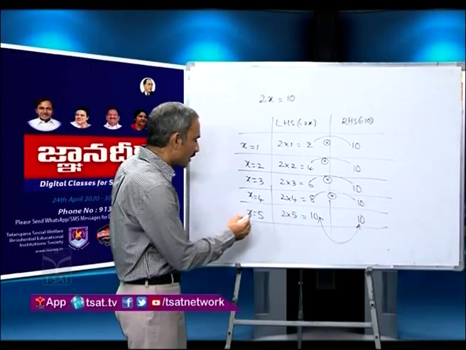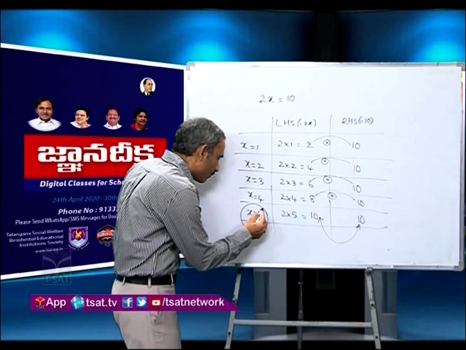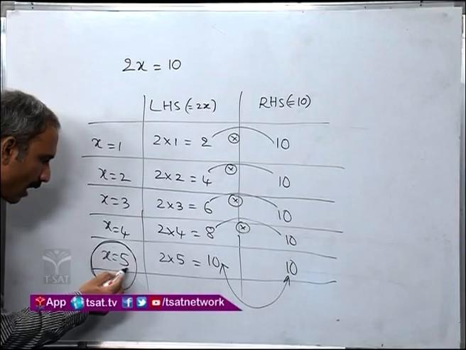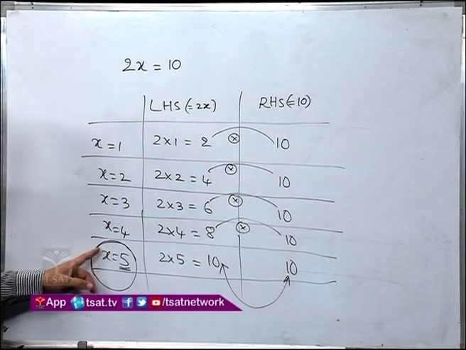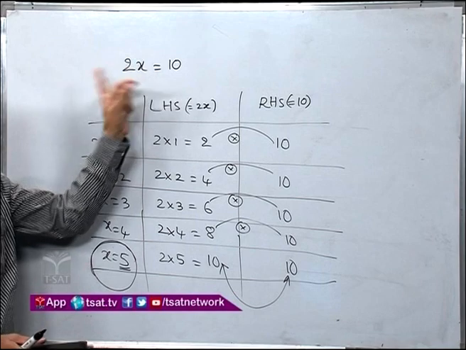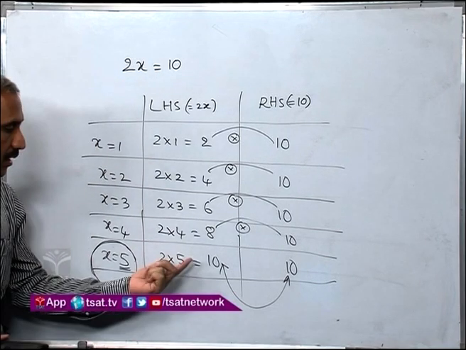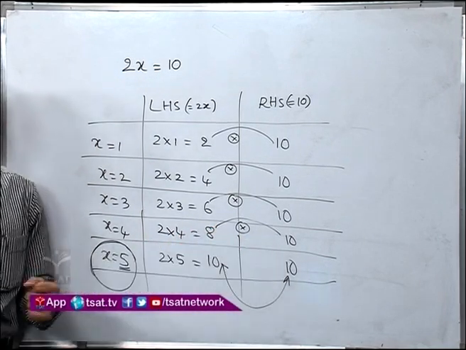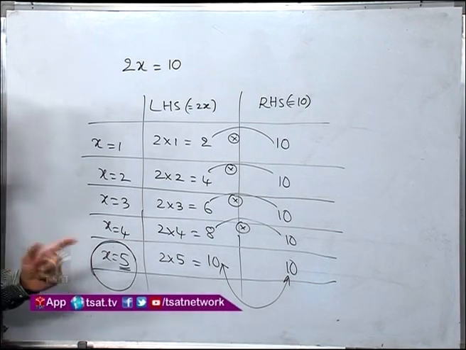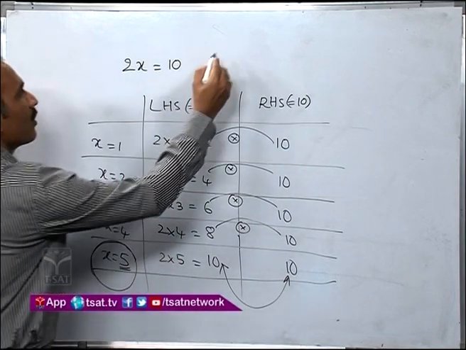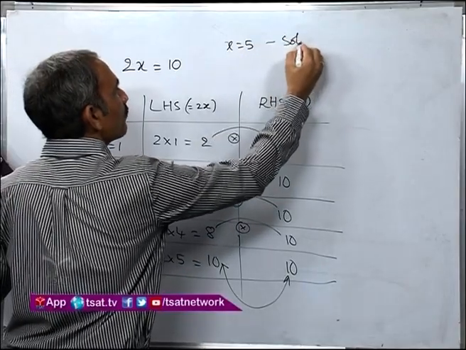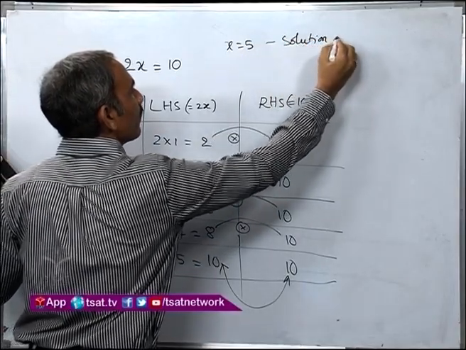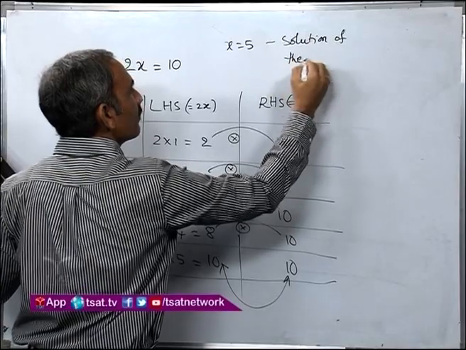Am I right? That means if you take the value of the variable as 5, then the equation is satisfied. That means both LHS and RHS are the same. Therefore, this x is equal to 5 is called the solution of the equation.